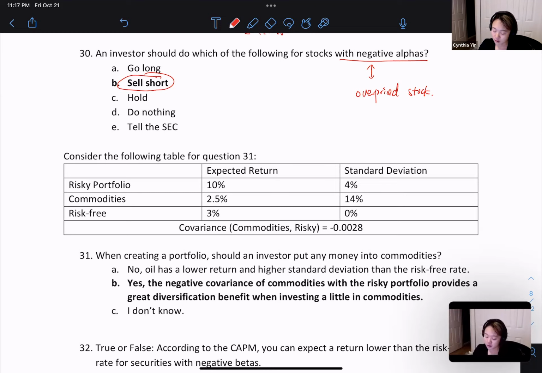Let me illustrate a little bit more on this. So negative alpha is related to overpriced. Positive alpha is related to underpriced. How to understand this one?